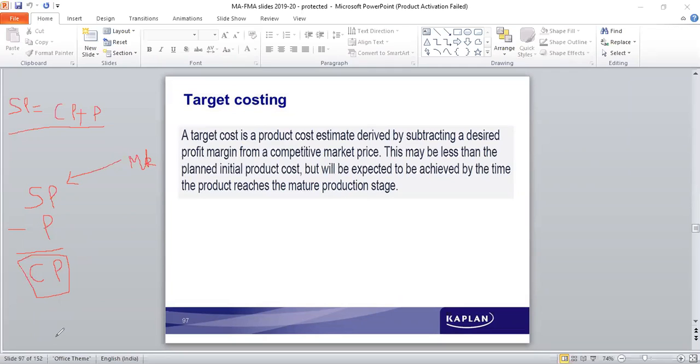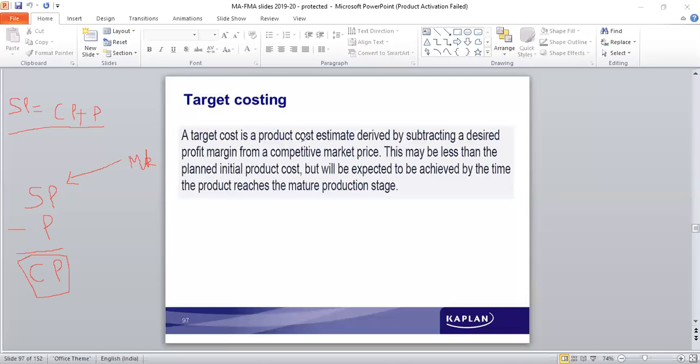If they make a mistake of overspending, can they decide on increasing the selling price? It's not possible. So what is the price they have to bear? Their profit will decrease. So target costing talks about cost control, because their actual cost should match the target cost. The focus here is cost control.